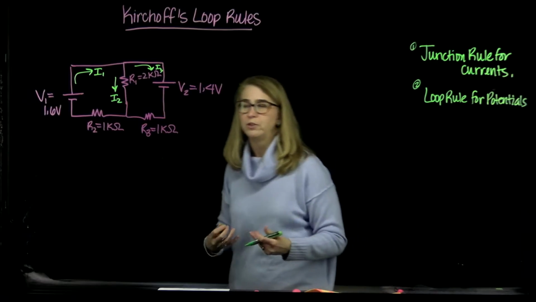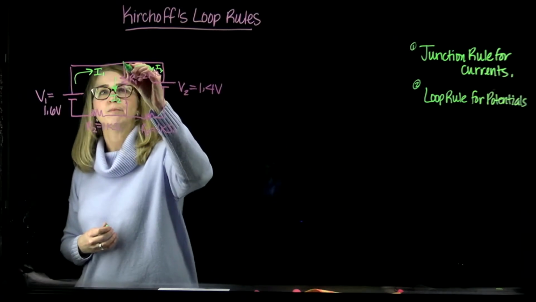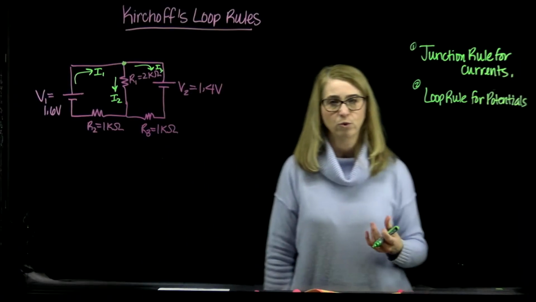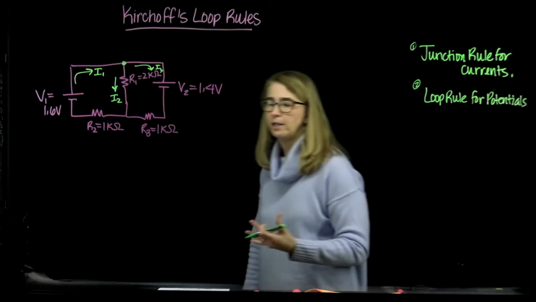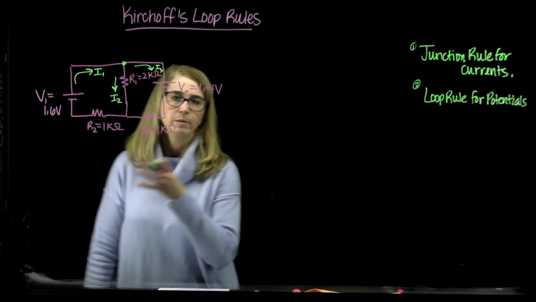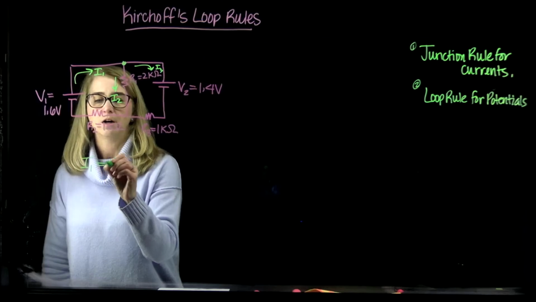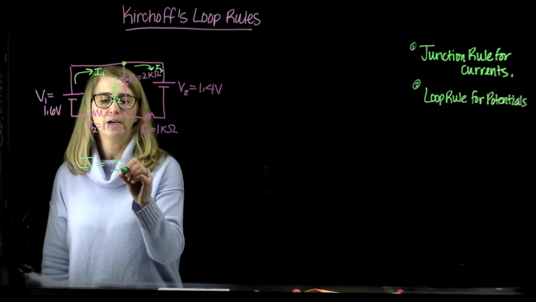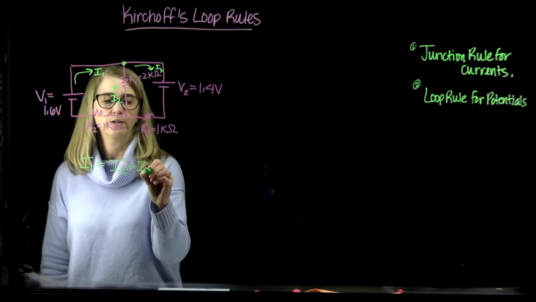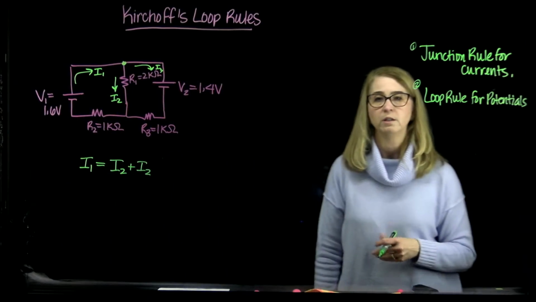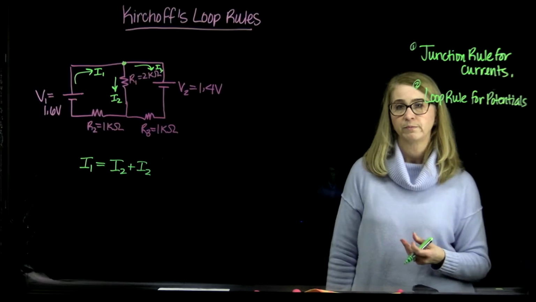Now, if I want to write the relationship between these 3 currents, I choose a place where they are going to join or split. And I can write the currents that come in, which would be I1, are equal to the currents that come out, which is I1 plus I2. So that is an equation I get from using the junction rule.